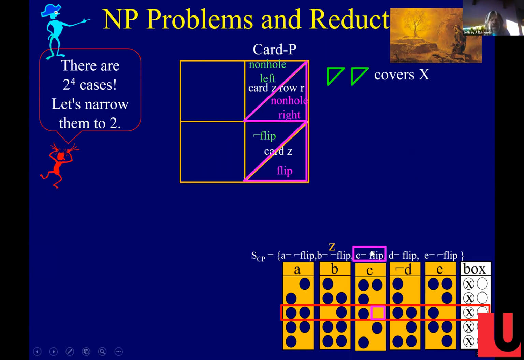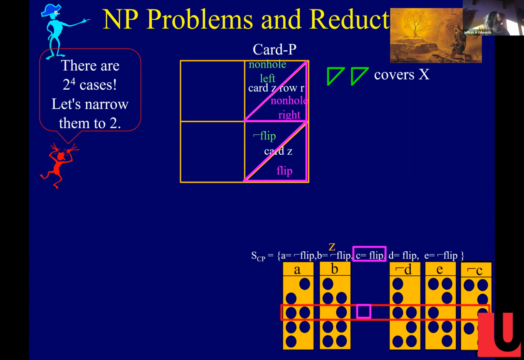Let's look at another case. Suppose here we have this card, it is flipped, and it has a non-hole on the right, right? So when you flip it, see it had a non-hole on the right, and we flipped it, and then it covers the X, right?